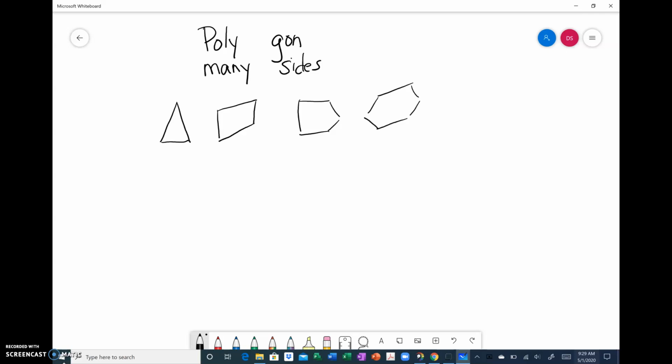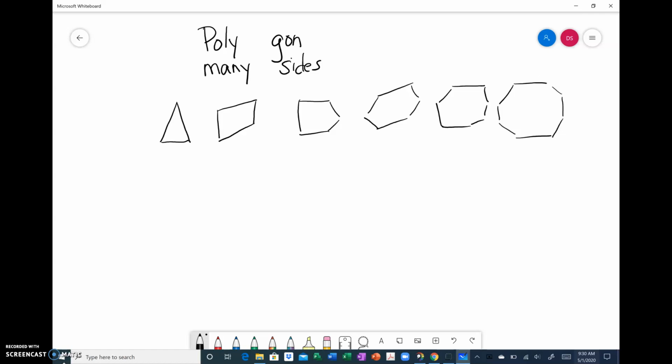Septa or hepta, you use hepta. I grew up knowing septa, so I get confused. But heptagon has 7 sides. I don't think I'm going to be able to draw that. And then you should recognize octagon because of stop signs. And the prefix octa means 8. Okay, so those are your 6 other types of polygons.